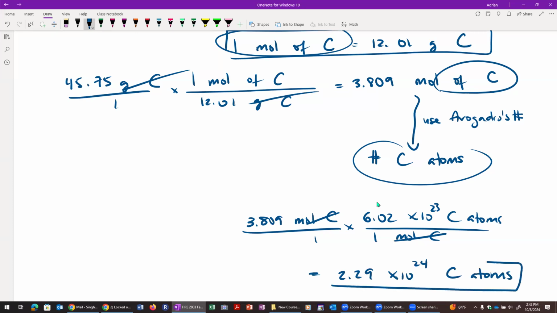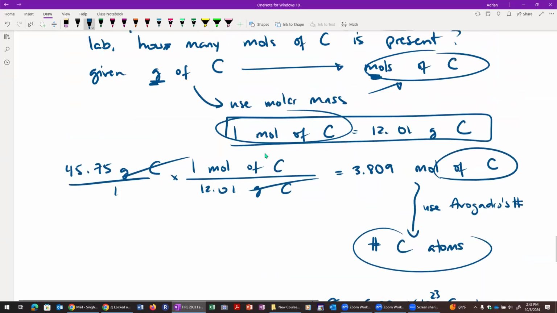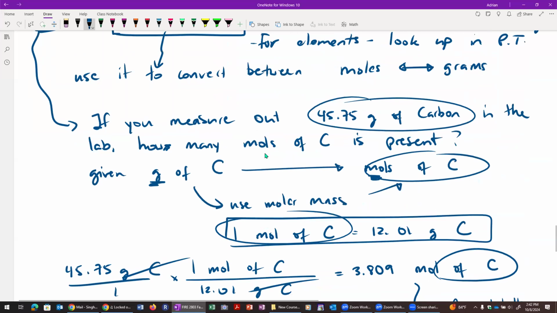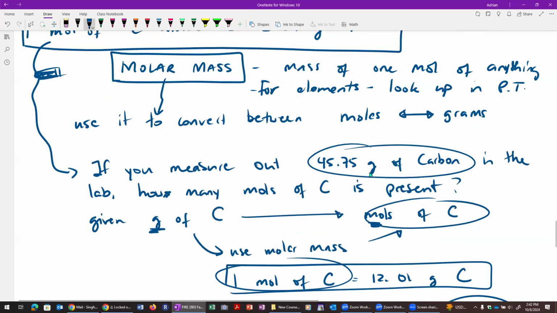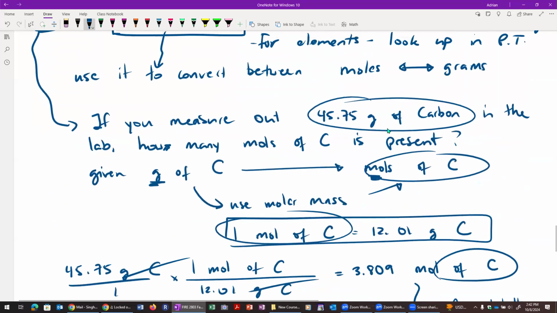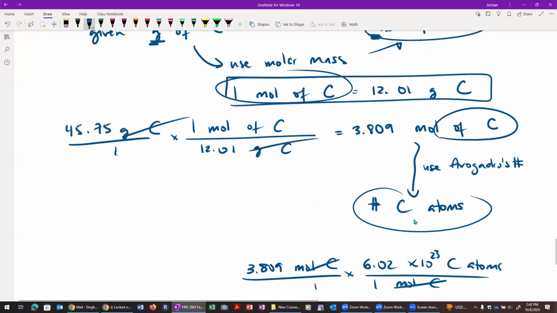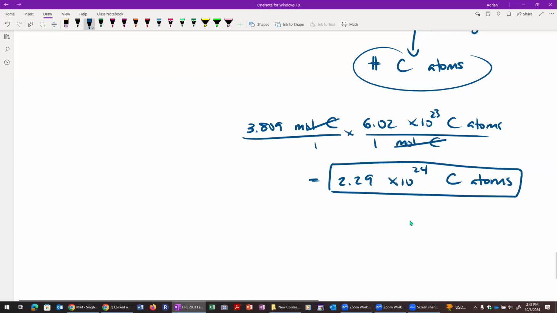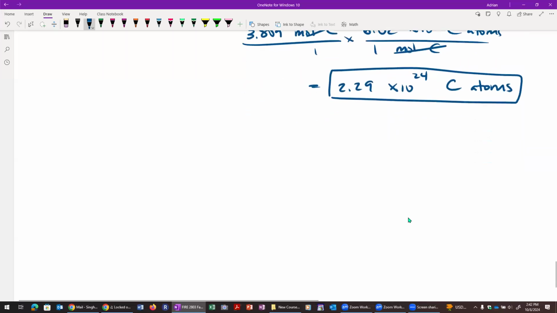All right, so if I have the mass of a sample of an element in grams, I can calculate how many of those atoms I have by first going through moles of that thing and then using Avogadro's number to get to number of atoms, right?